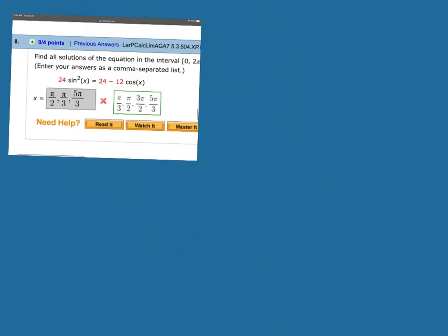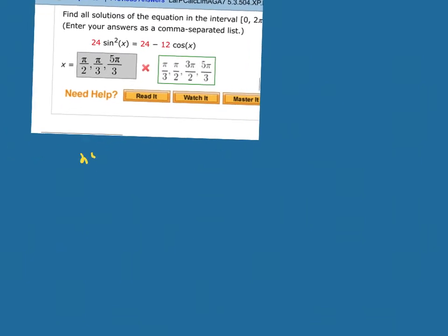This is 8. So this is Natalia. Okay, good. Find the solutions again on the interval. So this one said 24 sine squared x equals 24 minus 12 cosine x. This is an example where you can't replace either one. You can't replace cosine to the first with anything, so you have to replace sine squared.